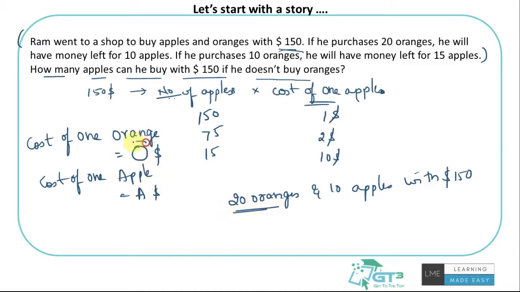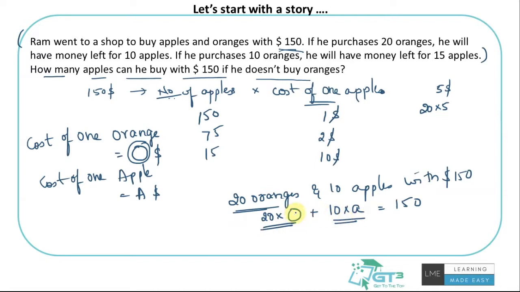If one orange costs $5, it's 20 into 5. Similarly, if I don't know the cost of one orange, it's 20 into O, plus 10 into A for the 10 apples, and that equals $150, because this is the money he would have spent on oranges and this is the money on 10 apples.